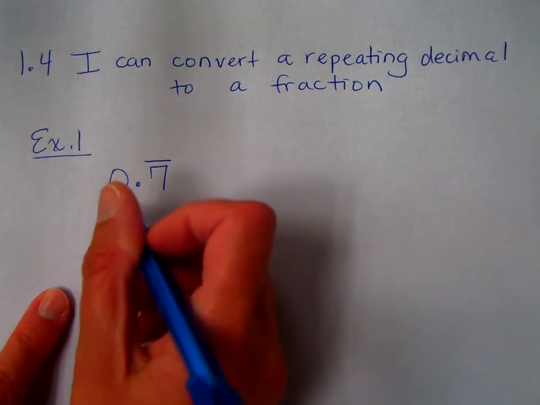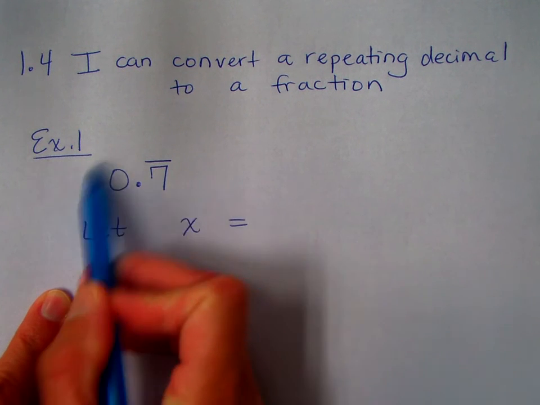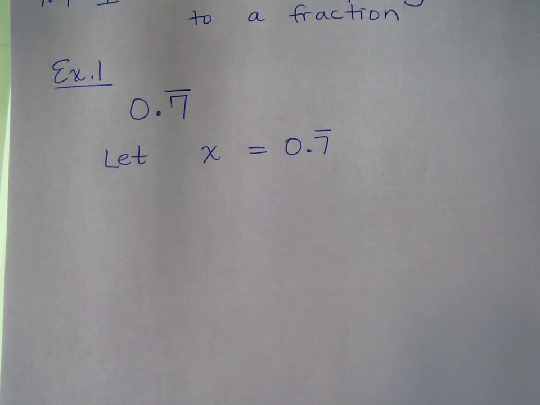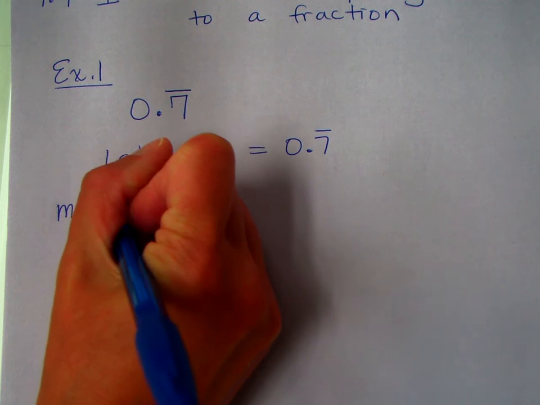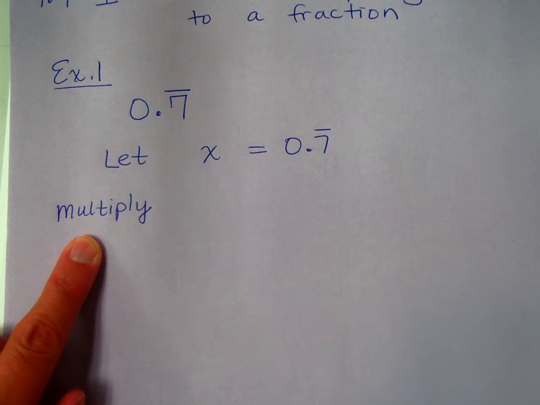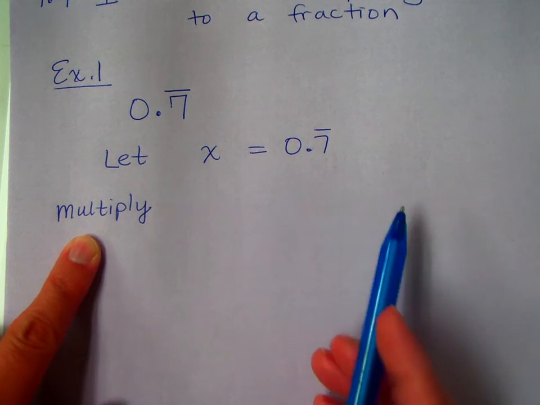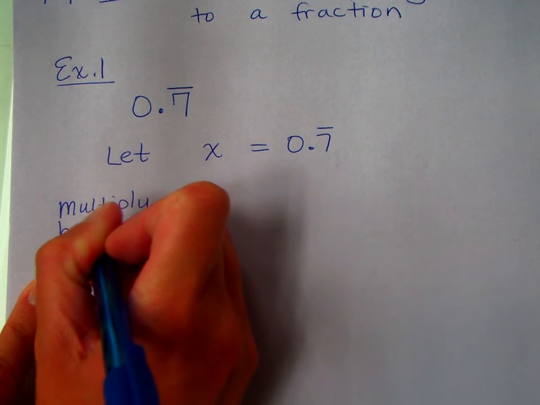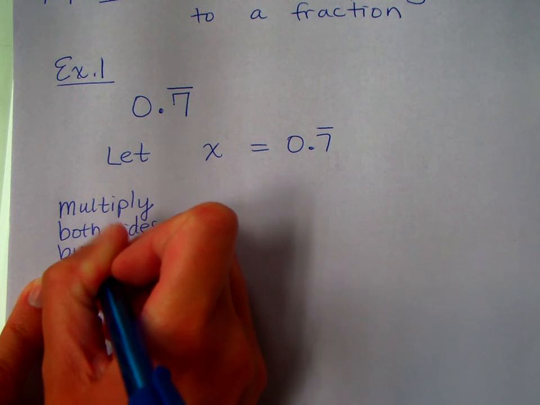So we're going to set up an equation to start. We're going to let x equal our decimal here. And then, because we're not putting anything over a place value, we are going to multiply both sides by the place value.